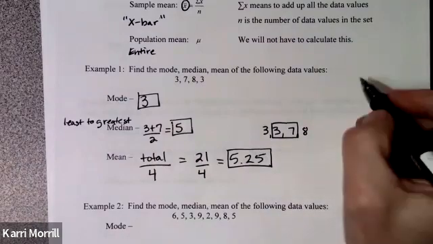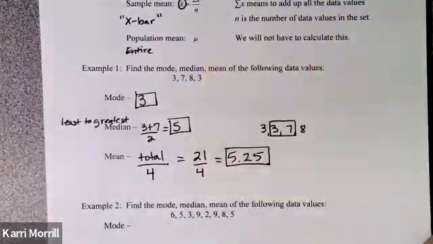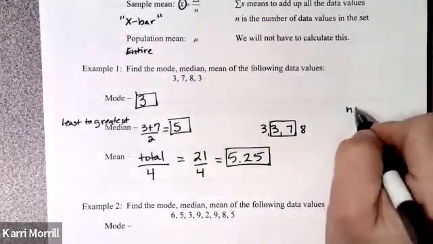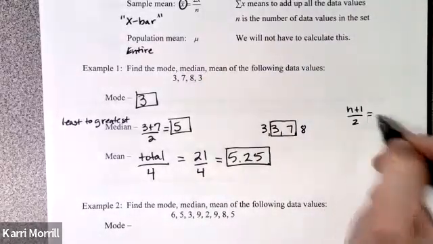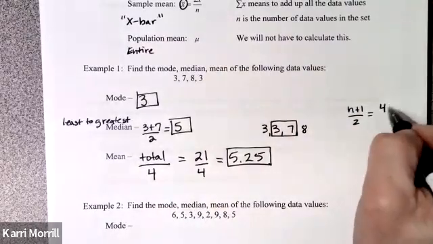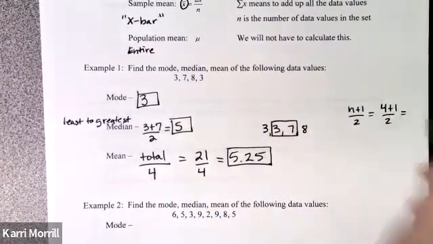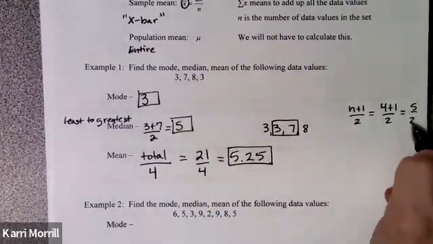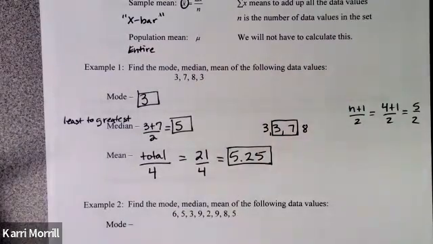If you were to do what we were talking about to find the position of the middle value, that n plus 1 divided by 2, it would look like in this case 4 plus 1 divided by 2. 4 plus 1 is 5, and when you take 5 divided by 2, you get 2.5. So you're going to be right there in the middle between 2 and 3.